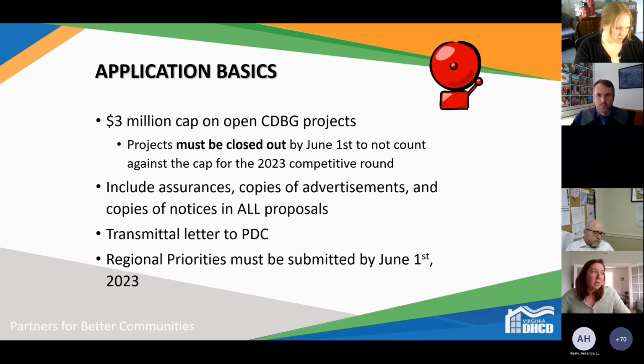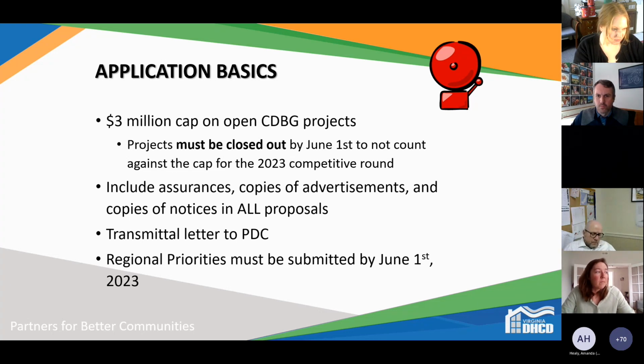You'll need to attach your assurances, copies of ads, and copies of all notices, and a transmittal letter to your PDC. We encourage reaching out to your PDC earlier rather than later, and they're a great resource. They can help connect you to any partners you may need.